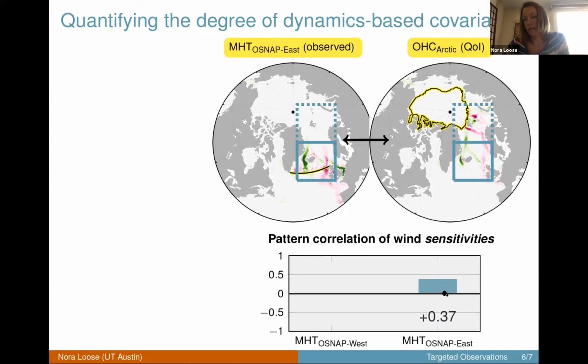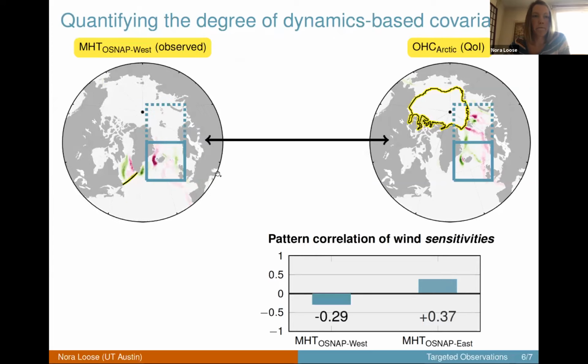This is why this value, this blue bar, is not higher than 0.37. If we do the same pattern correlation for OSNAP West, we still get a value of minus 0.3. So even OSNAP West contains a good amount of information on our quantity of interest.